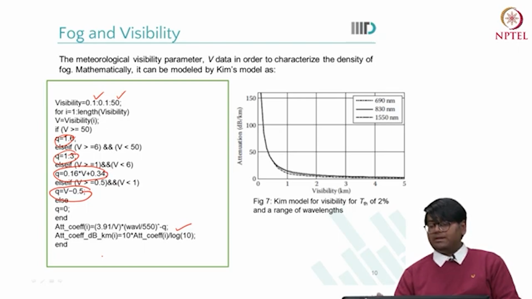Now, for visibility greater than 5 kilometers, the attenuation is very low. It is also evident from this curve itself.